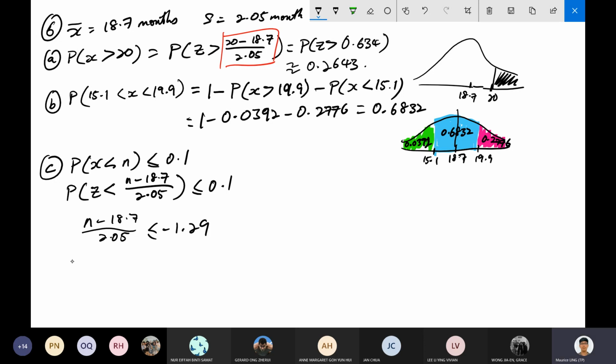So the warranty should be about 16 months or less. So you get 16 point something, n equals 16 point something. Okay. All right, so that's it. Any questions?